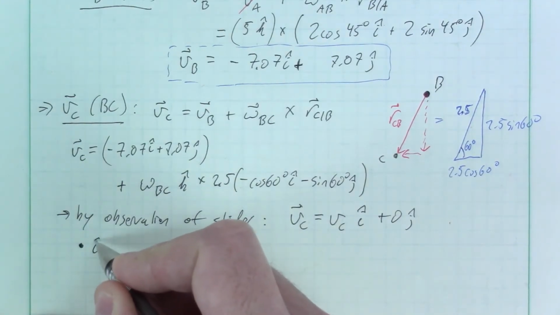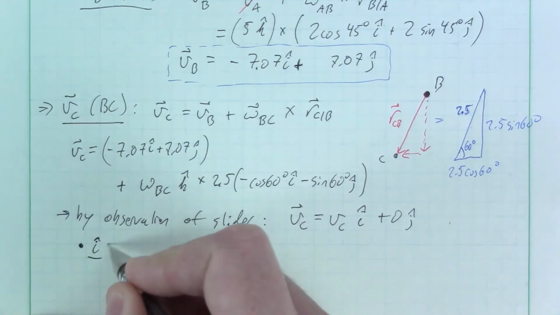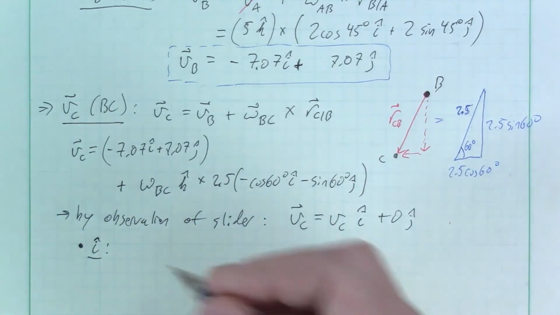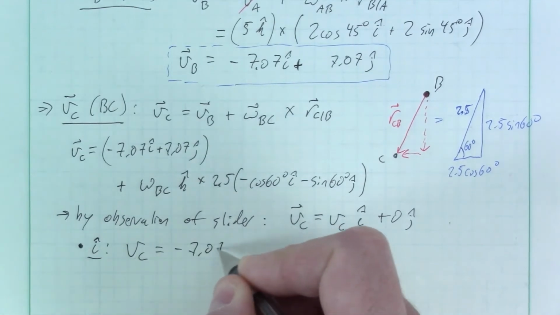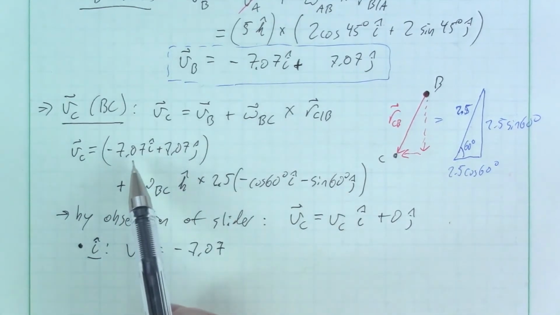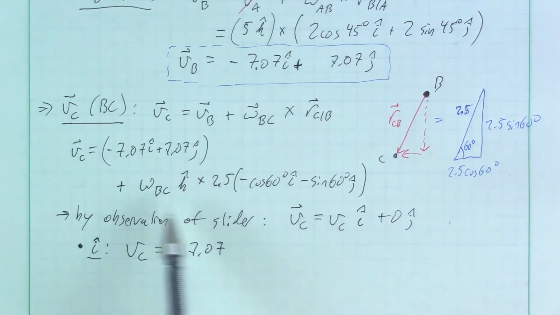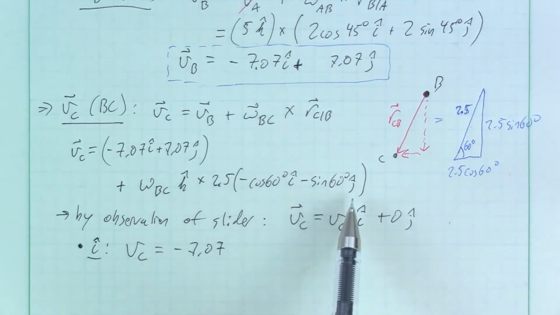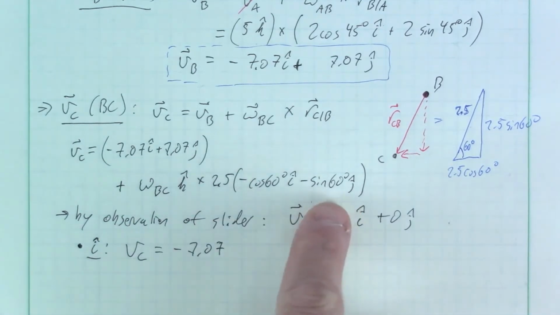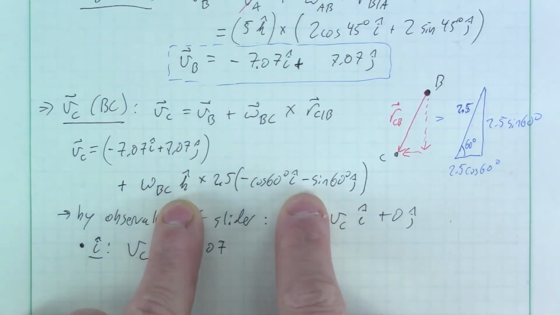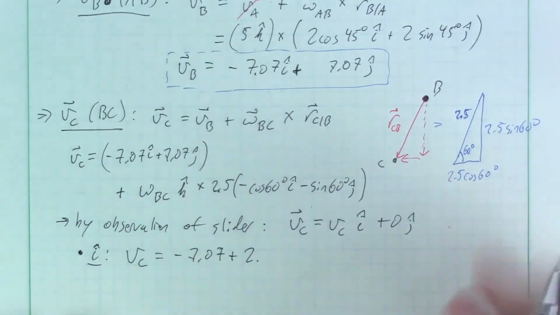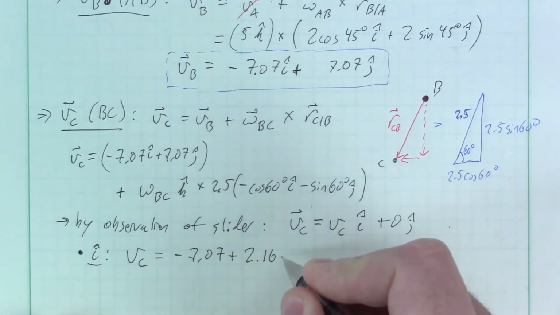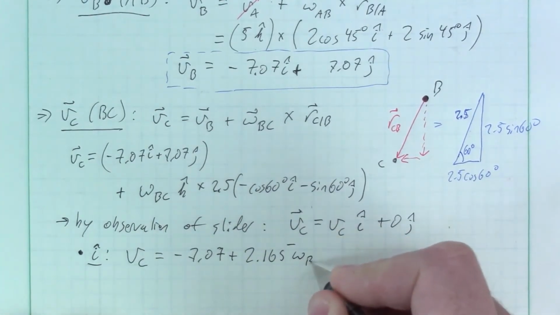This equation with that imposition tells us that in the I hat direction, our equation is the velocity of C is minus 7.07. That comes from that term. And then which one of these is I hat? That's K crossed into J. K crossed into J is negative I hat with another negative there, so we'll have a plus, and when you do the calculation, plus 2.165 omega BC.